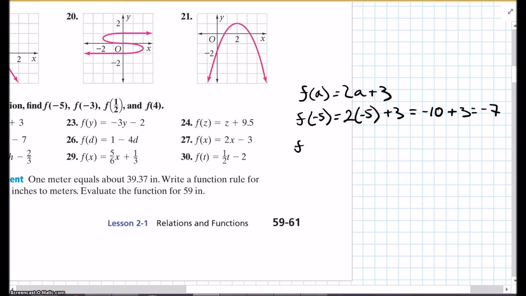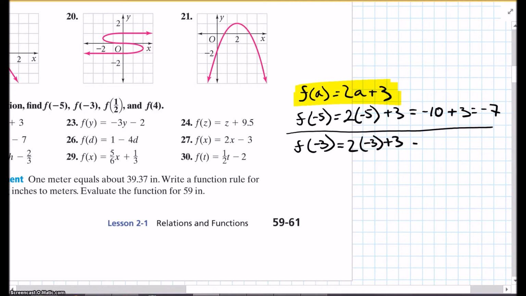All right, the f of -3, again, we're going to use the base equation up here and just replace the a value. So -3 is 2 times -3 plus 3, which would be -6 plus 3, which would be -3.